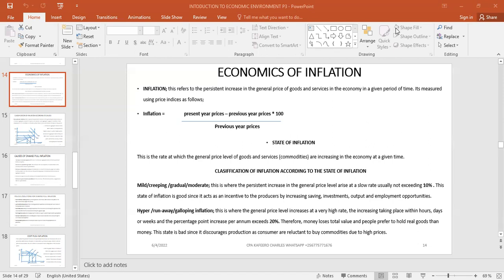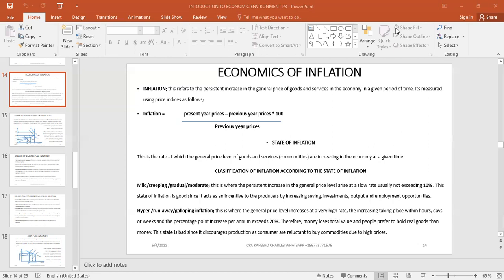or the mild state of inflation, this is where the persistent increase in the general price level arises at a slow rate, usually not exceeding 10%. If it is not exceeding 10%, then we expect that state of inflation is a bit good. Why?